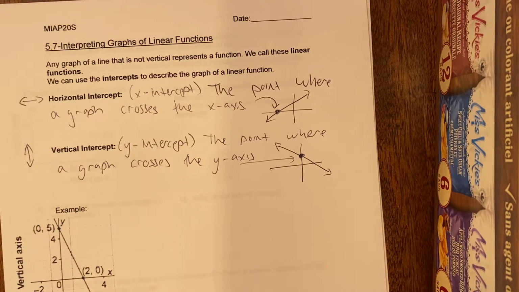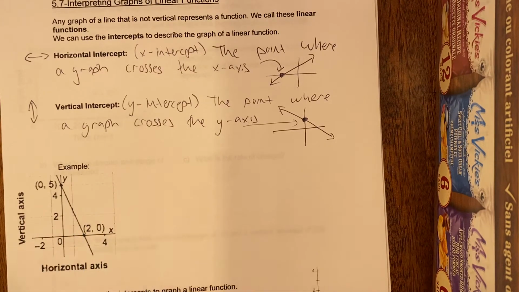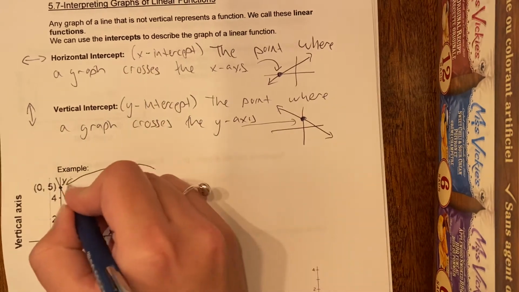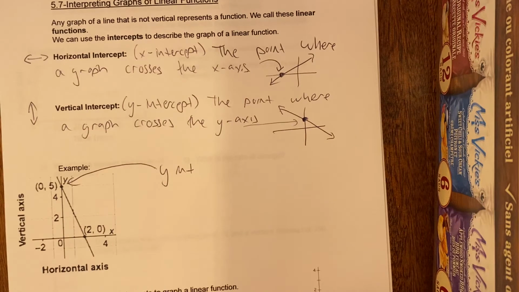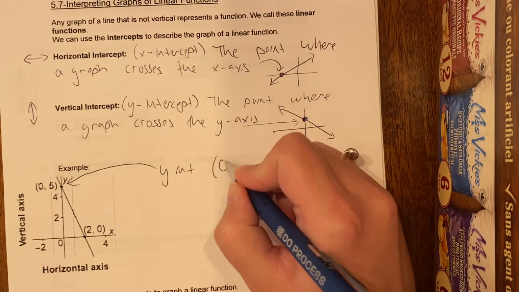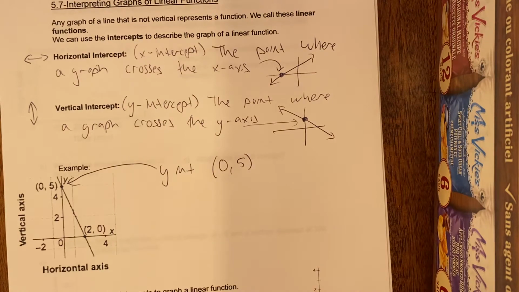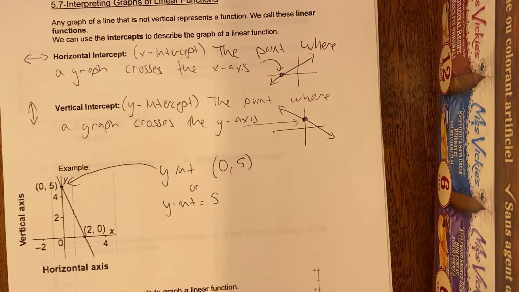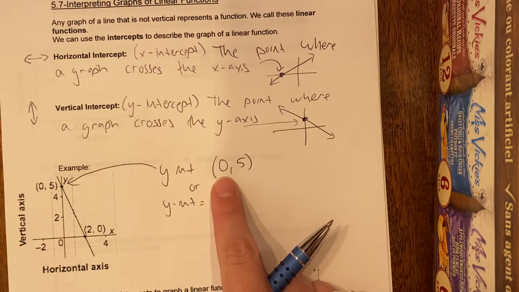Now these are typically really interesting points, especially if we're looking at a certain context. So here's an example right here. I have two intercepts. Where I cross the y-axis over here, that is my y-intercept. Sometimes I just write down y-int because I'm lazy, and I'll say (0, 5), or I could say y-int equals 5, because the 0 part of this is kind of built into the idea.